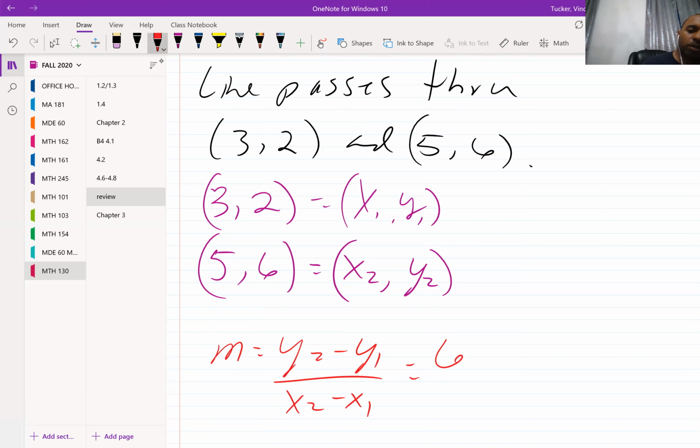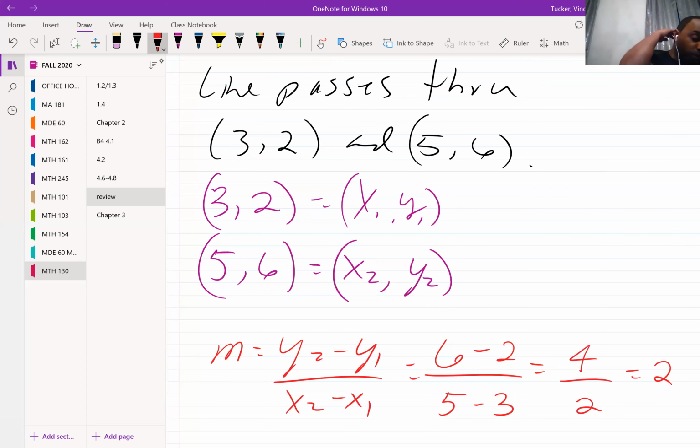So y2 is 6 minus 2, which is y1. X2 is 5 minus 3, which is x1. And so 6 minus 2, 4. 5 minus 3 is 2.